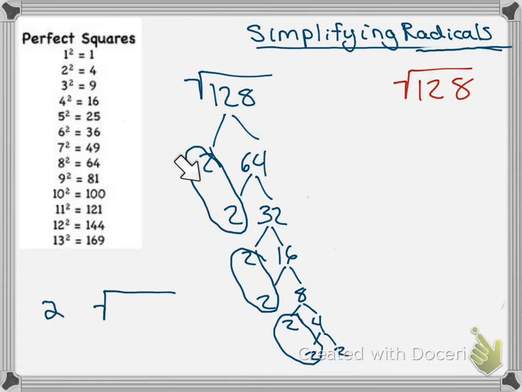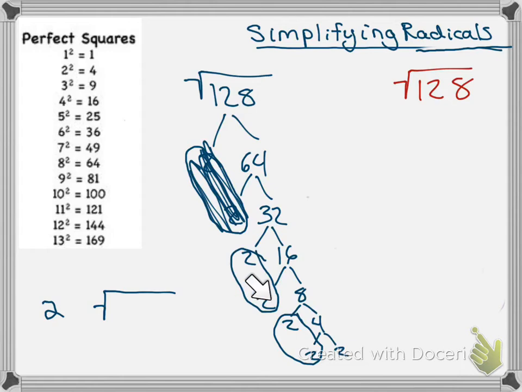Once I pull one of these 2's out, I have dealt with both of them. And the reason we do that, by the way, is because if you look at this, 2 times 2 is 4. And what is the square root of 4? 2. So that's why I'm bringing that 2 outside of my radical.